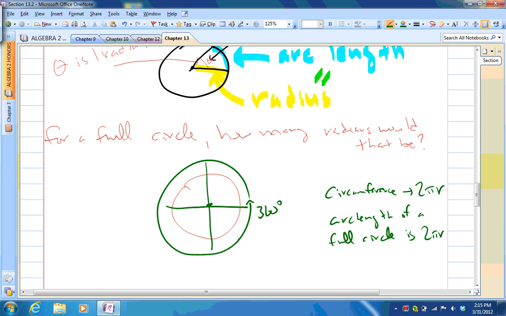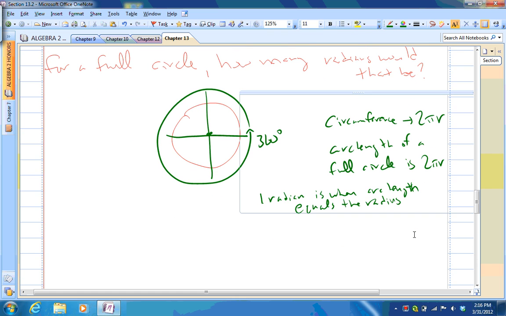Now, if you think about it, one radian is when arc length equals radius.